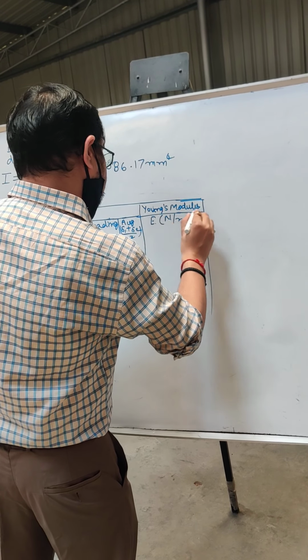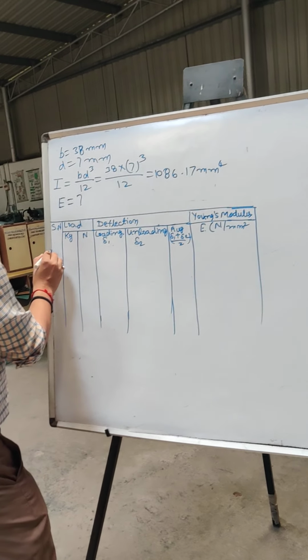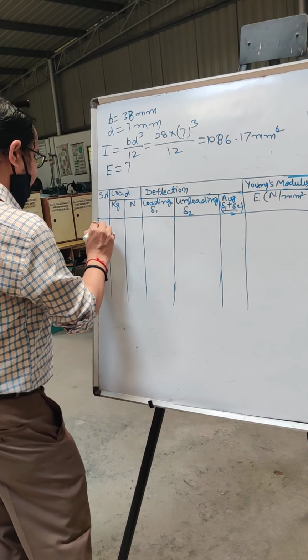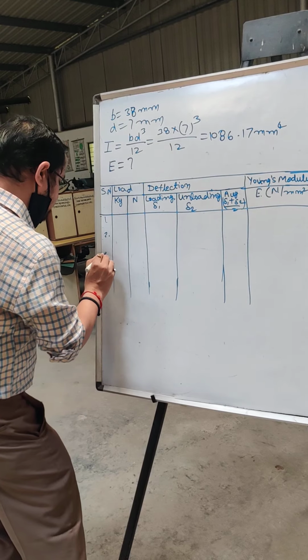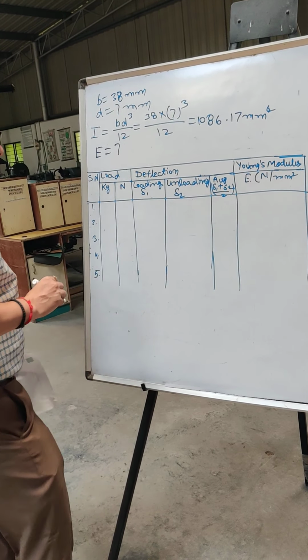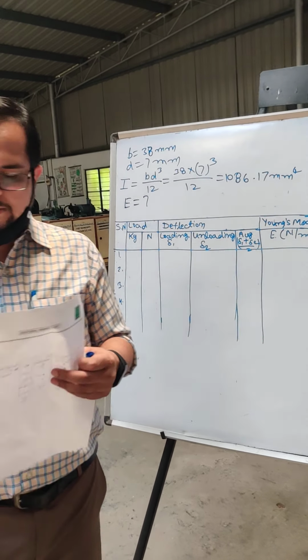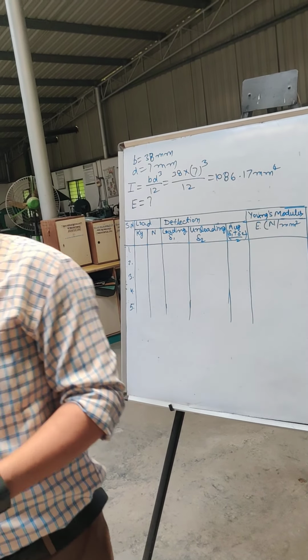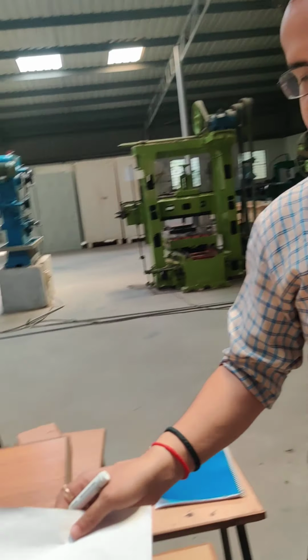So this is the Young's modulus, and we have made this observation table with the first reading, second reading, third reading, fourth reading, and the last reading. We have to take 5 readings, and next we have to perform this experiment.